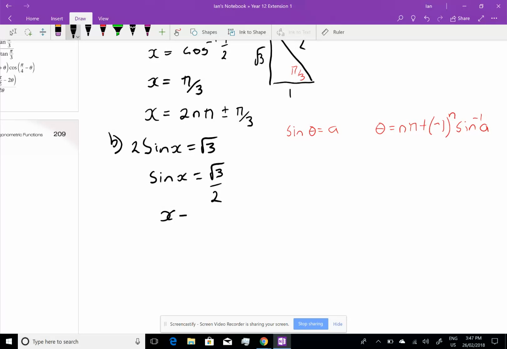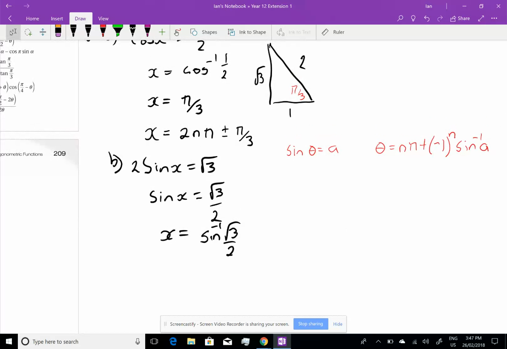So here we go, back to our equation. So x equals inverse sine of root 3 on 2. And we can look above and see that that's going to be pi on 3. It's the same angle. It's the same one. There it is. Opposite over hypotenuse.